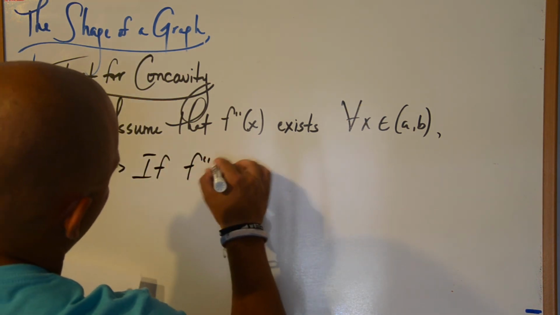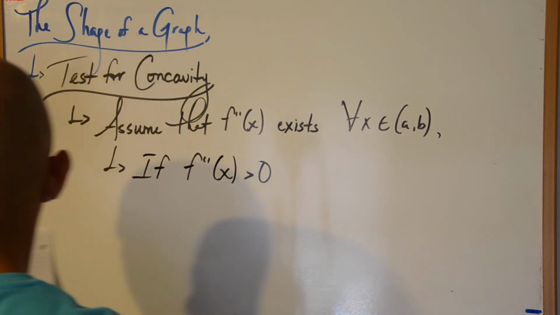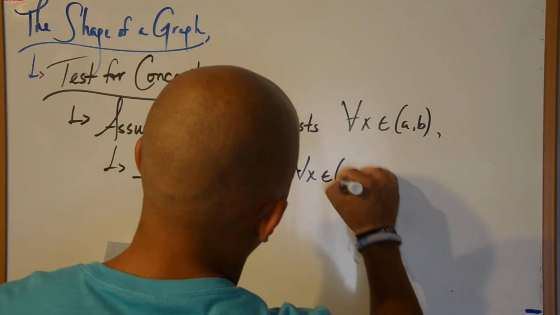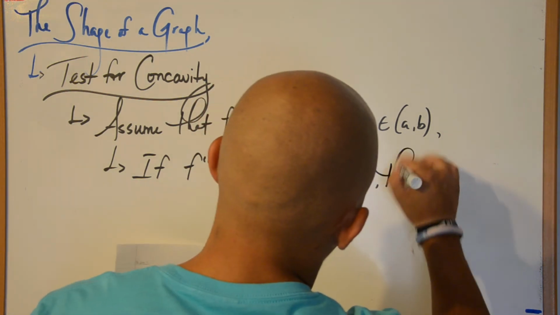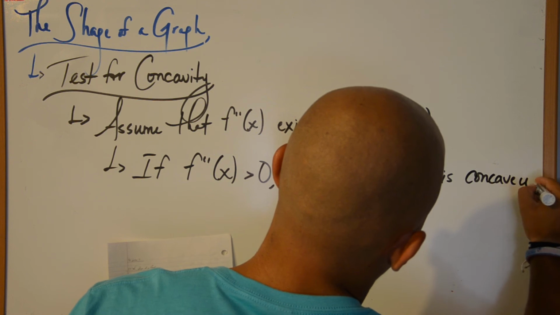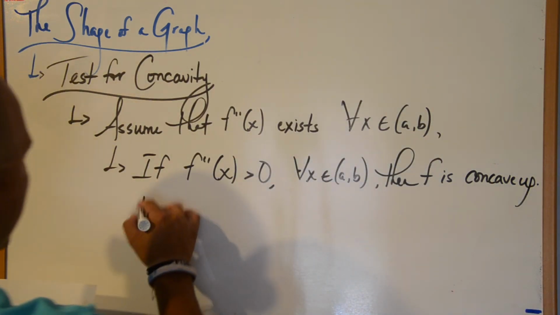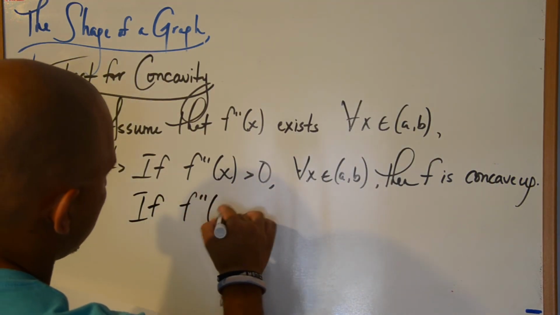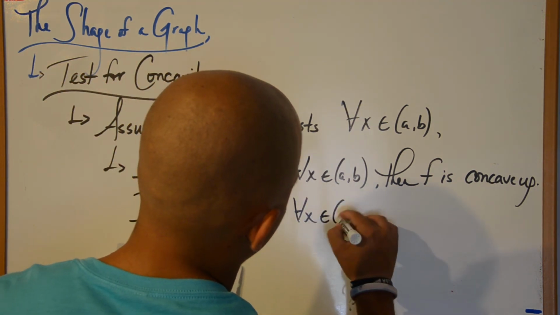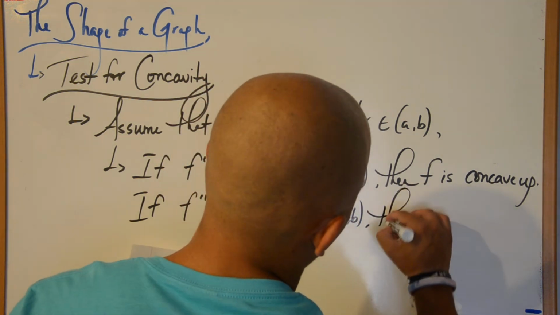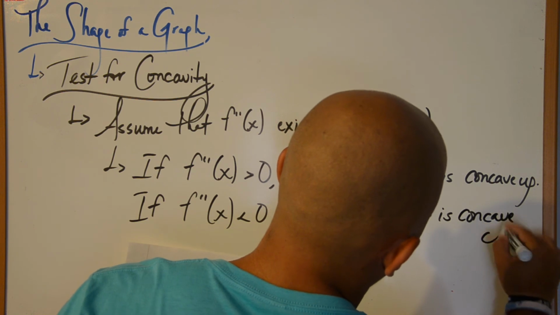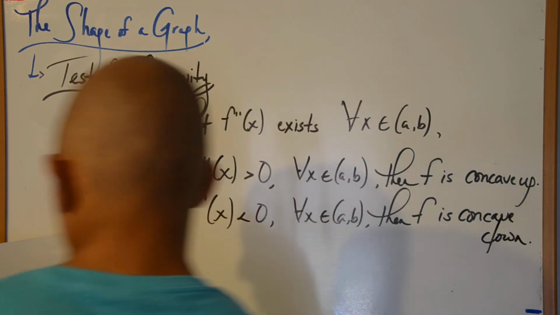If the second derivative is greater than 0, aka positive, for all x in AB, then f is concave up, and vice versa. If f double prime of x is less than 0 for all x in AB, then f is concave down.